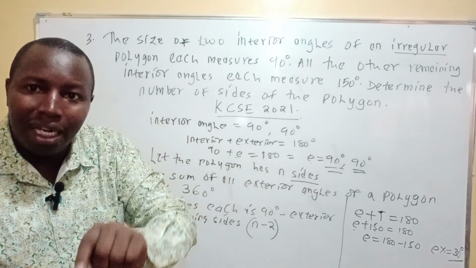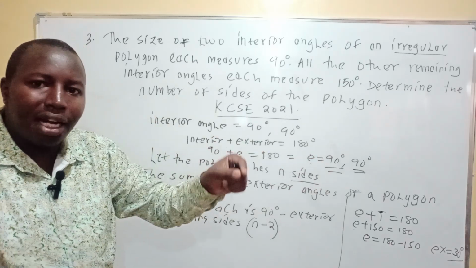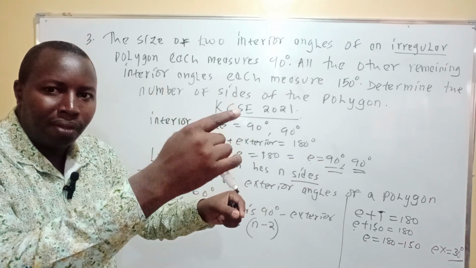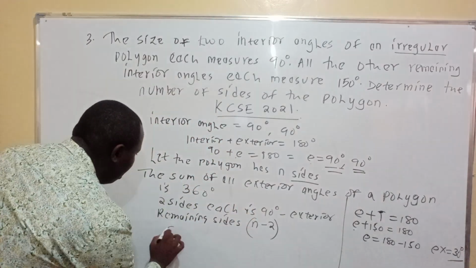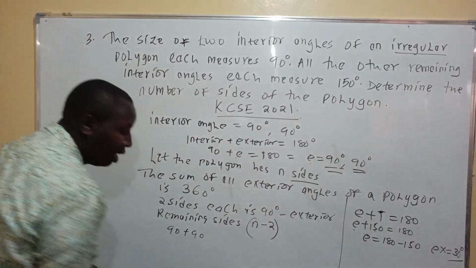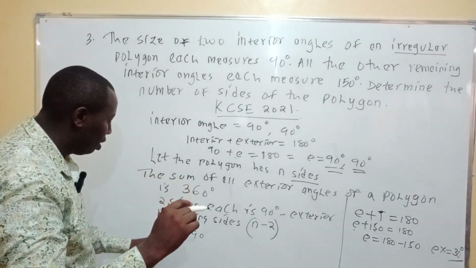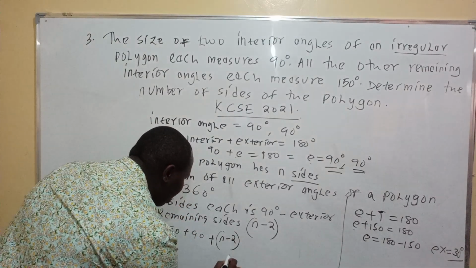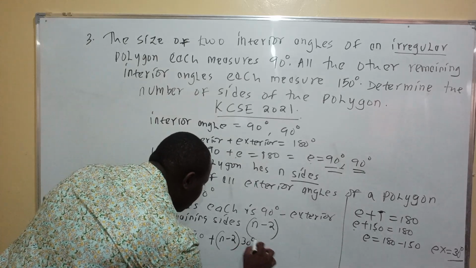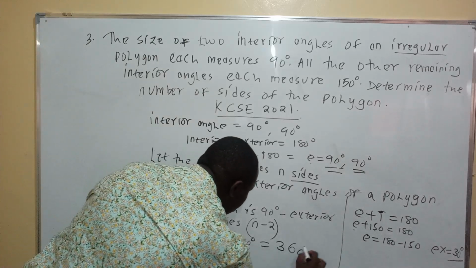And how many sides are remaining? n minus 2. We already have the first two, 90 and 90. So you take 90 plus 90, the exterior angles, plus n minus 2 remaining, each 30 degrees, and they add up to 360.